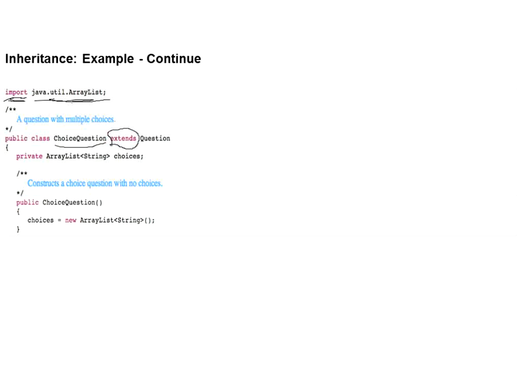When you use it, you mean that you want to inherit from. So you want ChoiceQuestion to inherit from Question. Always the one on the left-hand side of extends is the one that is going to inherit from the one on the right-hand side. So ChoiceQuestion will inherit from Question.